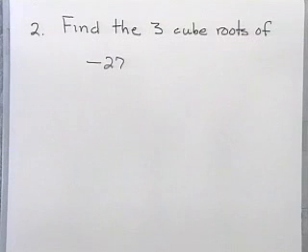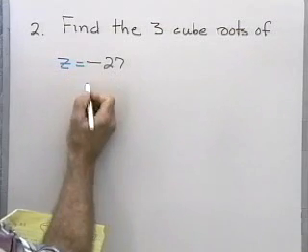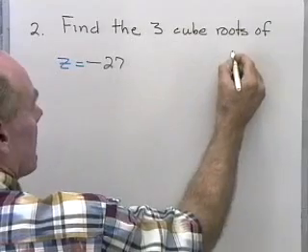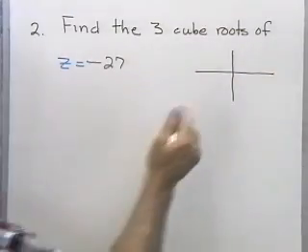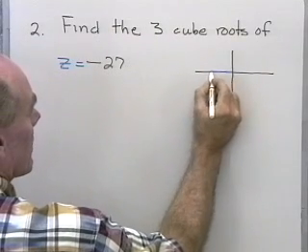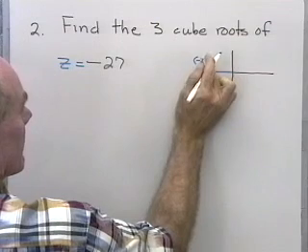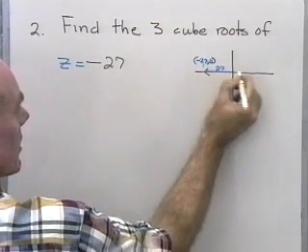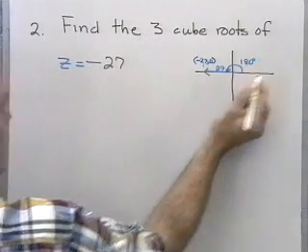We want to find the 3 cube roots of negative 27. So our complex number z is equal to negative 27, and if I look at the graph of that real quickly, it's going to be a vector that's 27 units long out to the point negative 27, 0. So that vector has a length of 27, and this angle right here is 180 degrees.